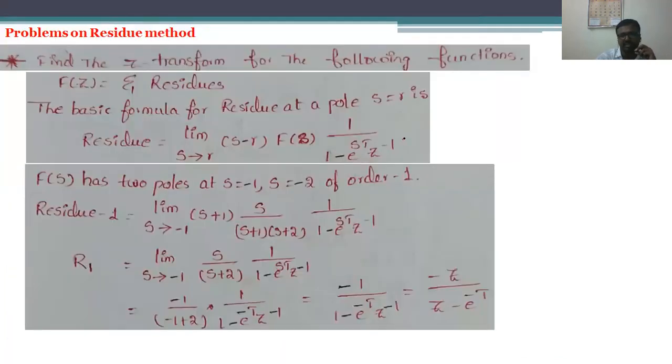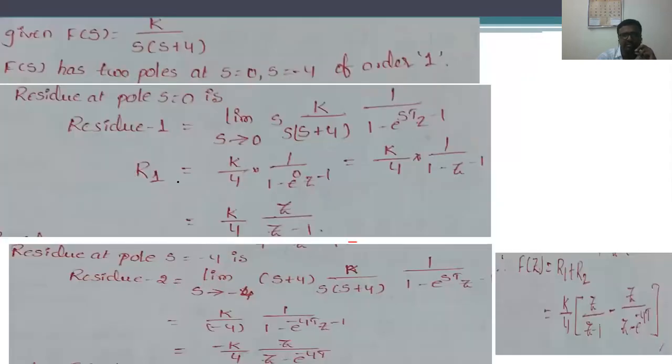The first pole is 0, so limit s tends to 0, the first root is s, into F(s), which has to be multiplied with 1 divided by 1 minus e power sT into z power minus 1. Just substitute s equals 0 in this equation.